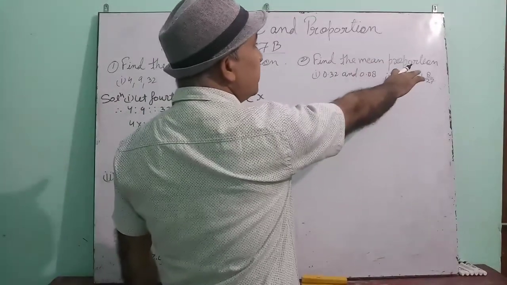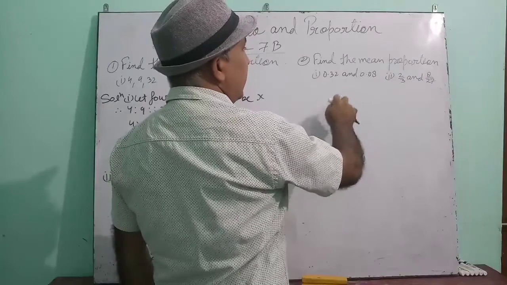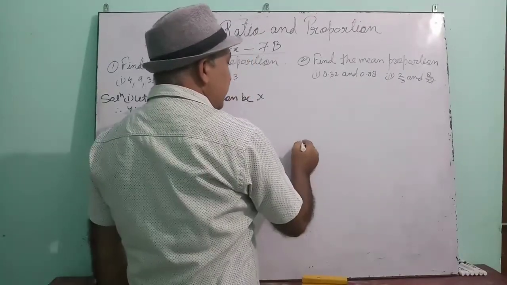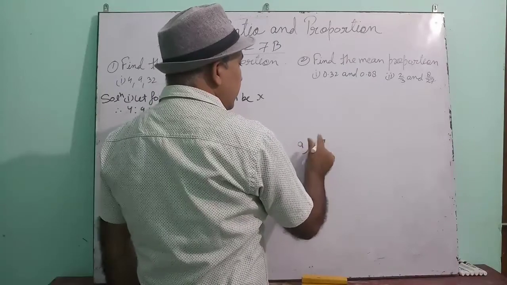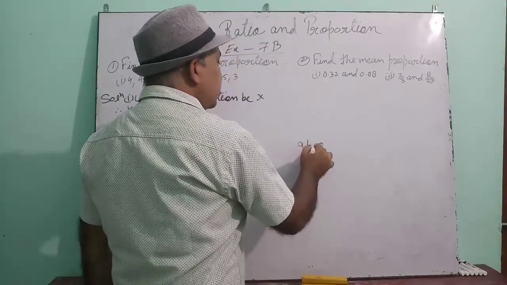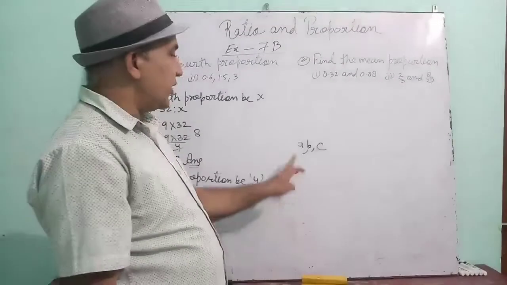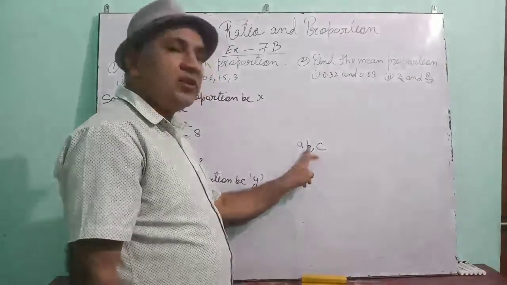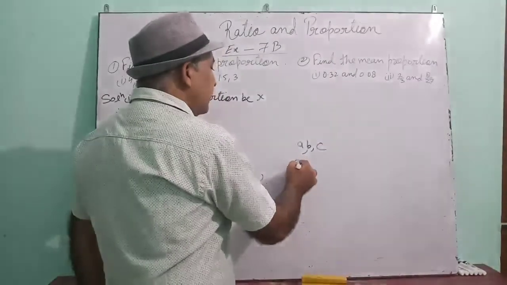Now see that question. Find the mean proportion. Now see children, mean means in the middle one. See, suppose that three numbers are in the proportion A, B and C. In this case, the middle term is repeated.